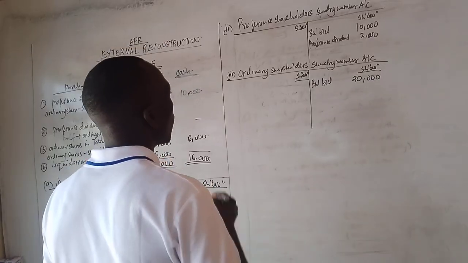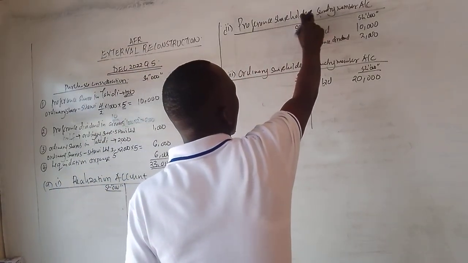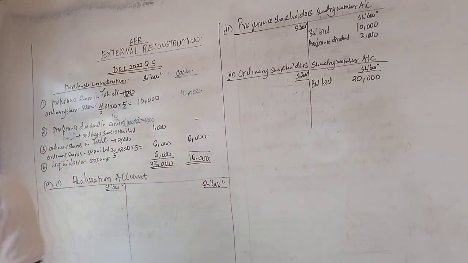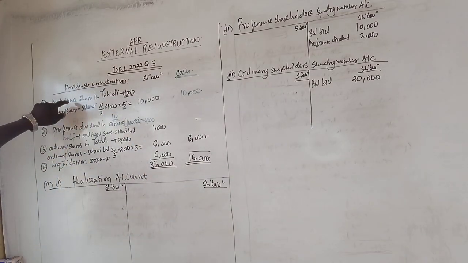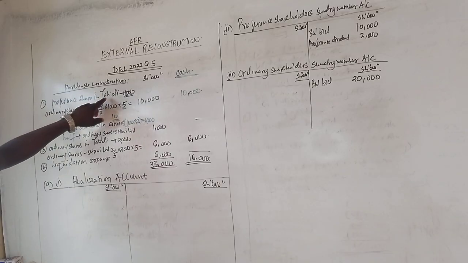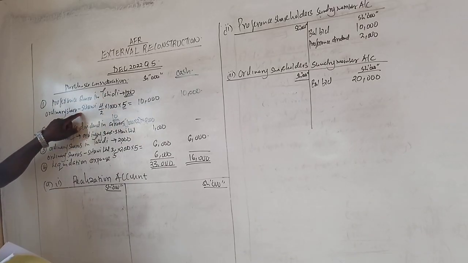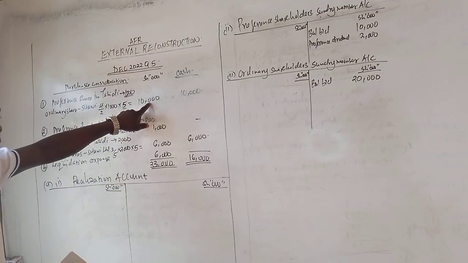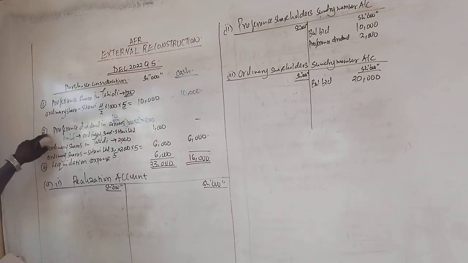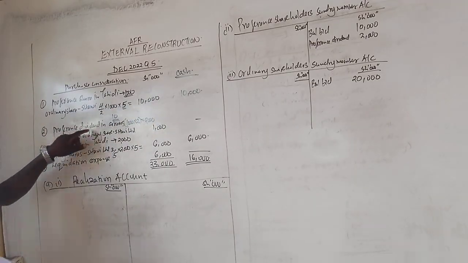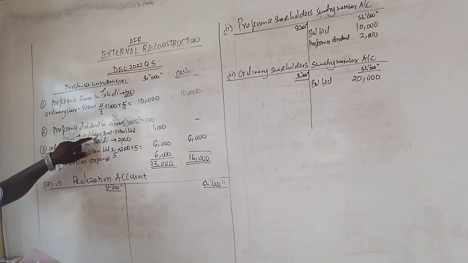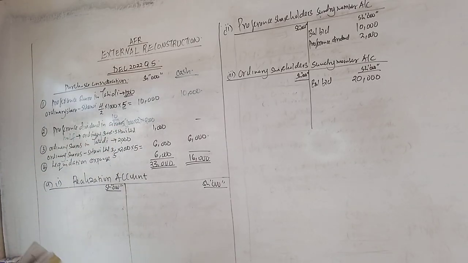Then from there, these preference shareholders were converted to ordinary shareholders. If you look at note number 1 that we have here, preference shareholders in Tahiti Limited were converted to ordinary shares in Starway Limited worth 10,000. And when you go to number 2, half of the preference dividend in arrears was converted to ordinary shares.